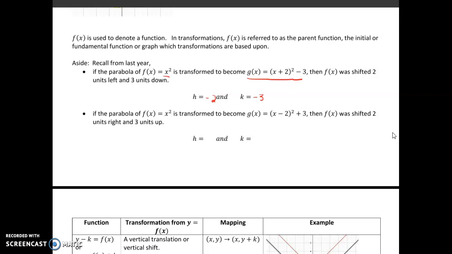Now you may be wondering why that is. Recall from last year that the vertex form of a parabola is g of x is equal to a times (x minus h) squared plus k.